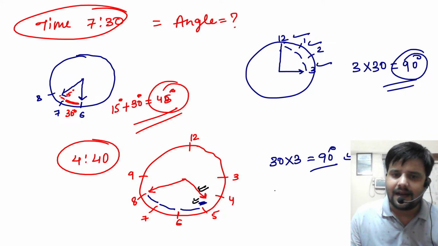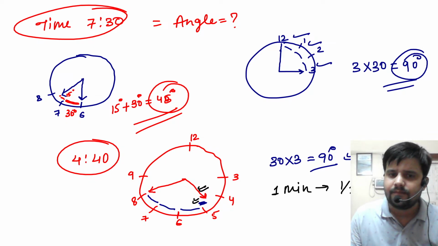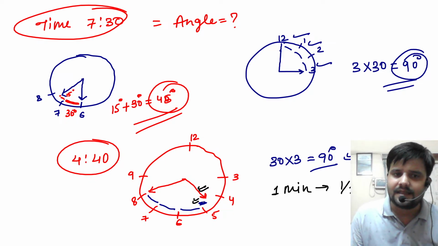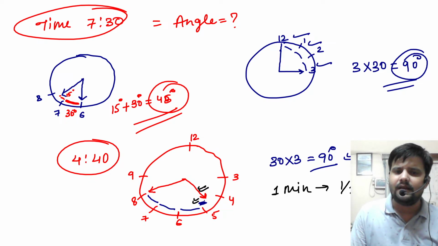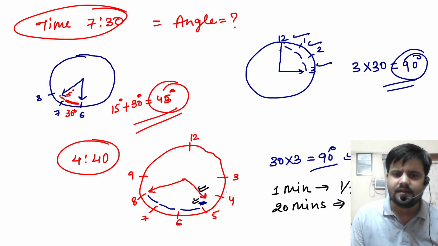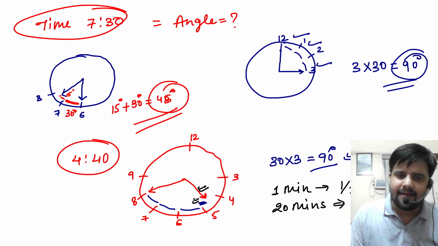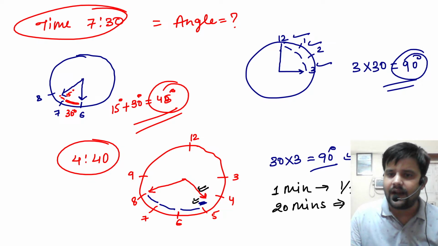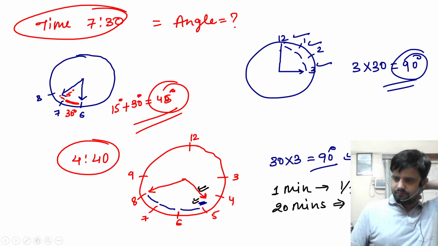So I know that in 1 minute the hour needle goes half a degree, and to cover this distance the hour needle will take 20 minutes. So in 20 minutes that hour needle will go 10 degrees, isn't it? So it means that this gap was 10 degrees. So for the final angle, what you will do, 90 plus 10, your answer would be 100 degrees is the angle between these two.